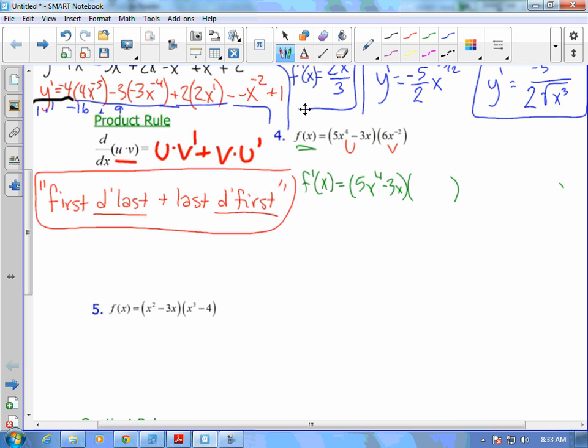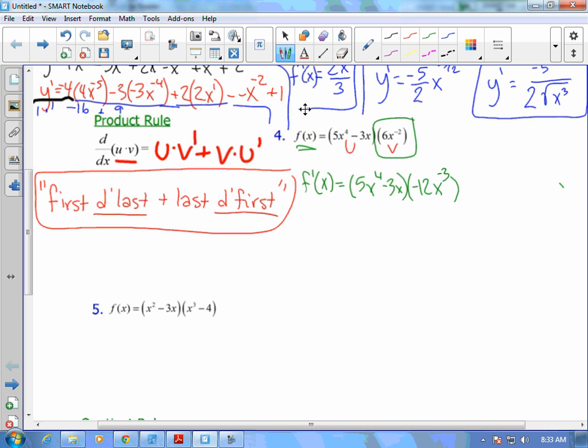that means the derivative of the last. Margarita, what would the derivative of that second term be? Tell me the derivative of v. Yep.